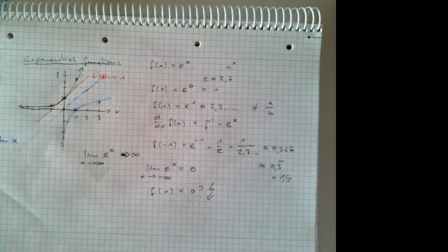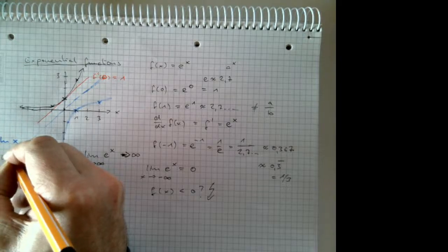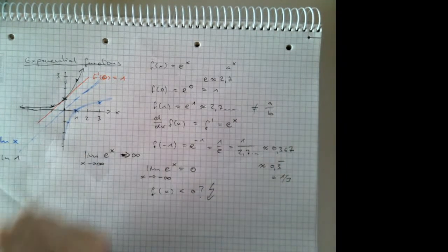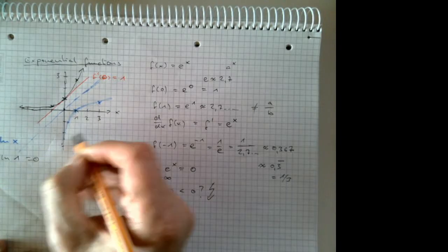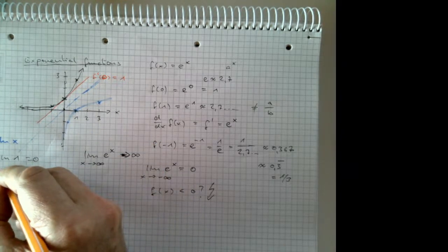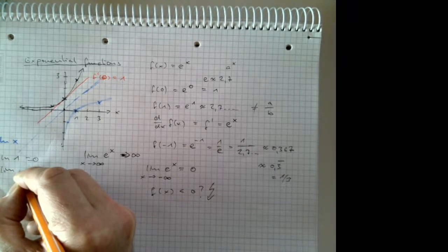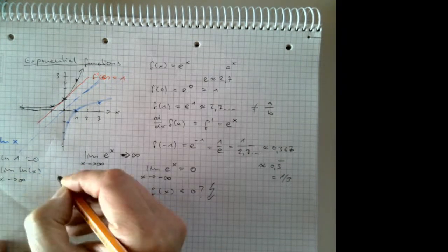Okay, so now let's think. What is ln of 1? 0. You immediately see this here. What is the limit of ln x if x approaches infinity?